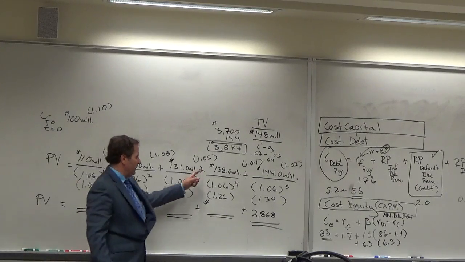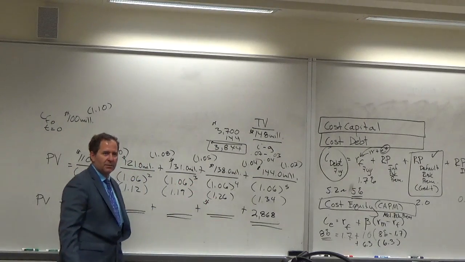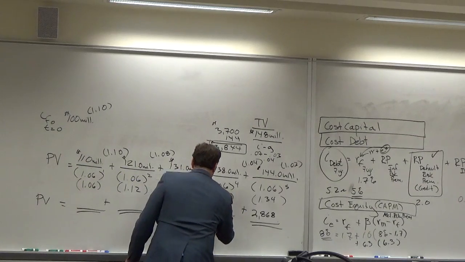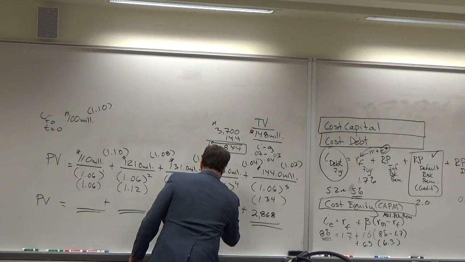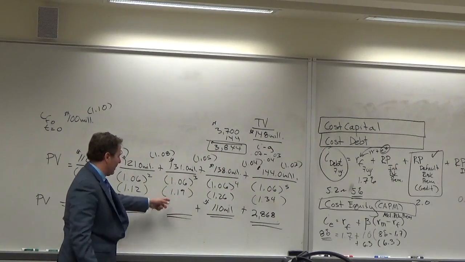What's 138 million divided by 1.26? 110. Well, I got 109.52, so round it up to 110. And what is 131 million divided by 1.19?